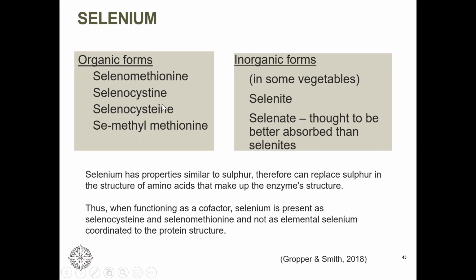So different amino acids can be bound to selenium. Specifically, you remember methionine or cysteine are sulfur-containing amino acids. So selenium, how amazingly, can replace sulfur in these structures. And that's how it exists in our body and even does its function in our body.